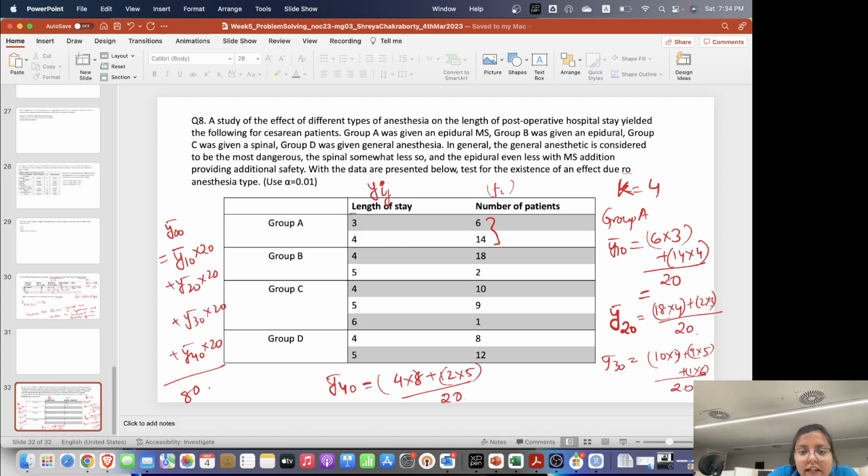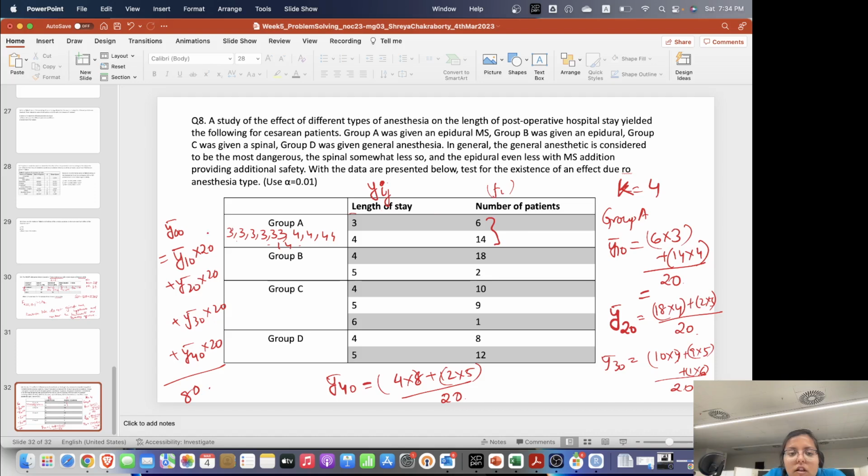If I write it like this, 3 3 3 3 3 3, then 4 4 4 4, 14 times, then the group mean will be: we are adding all 6 threes, all 14 fours, and then dividing by the total number, that is 20. That's what I have done. This is clear?